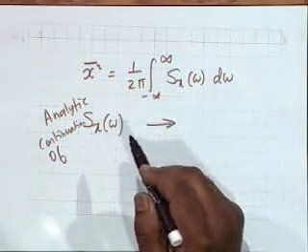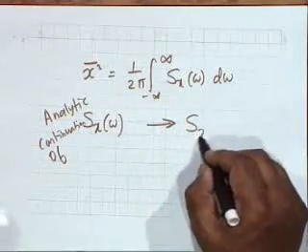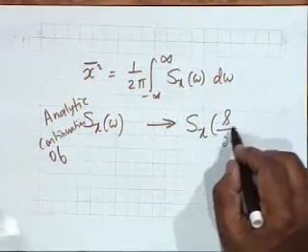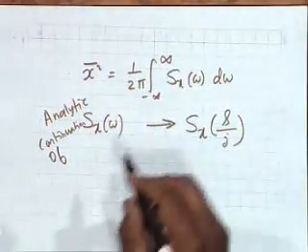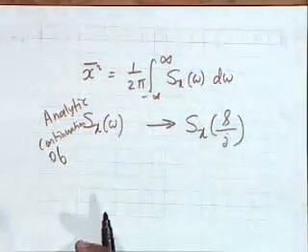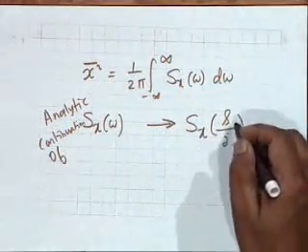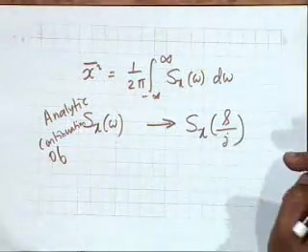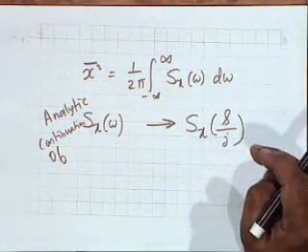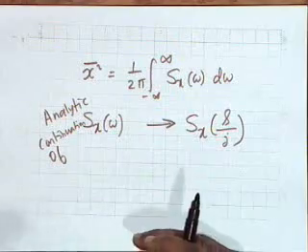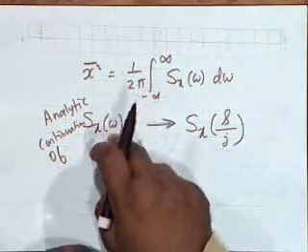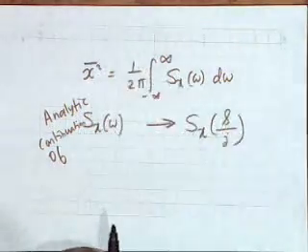This omega is the imaginary axis of the S plane. What we want is Sx of S by j. That is, from omega we want to go to S by j, and there are reasons for this, because going to the complete S plane allows us to make some computations more easily than if we confine ourselves to the j omega axis.